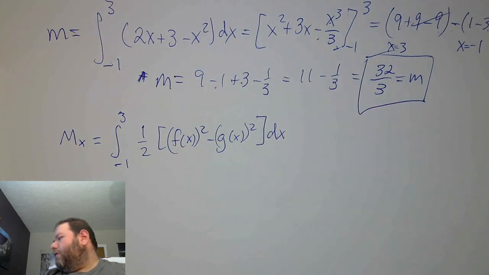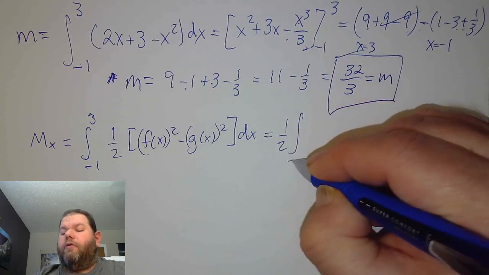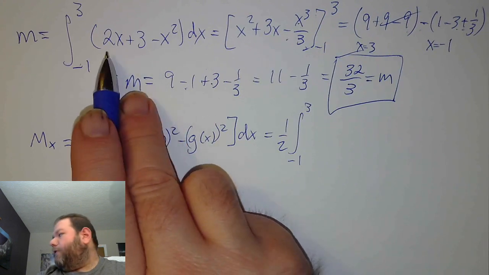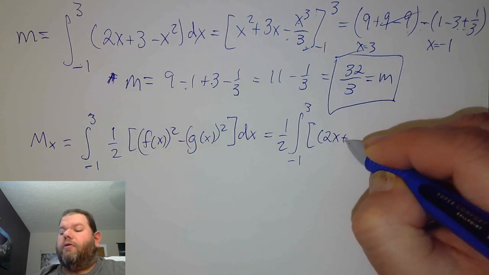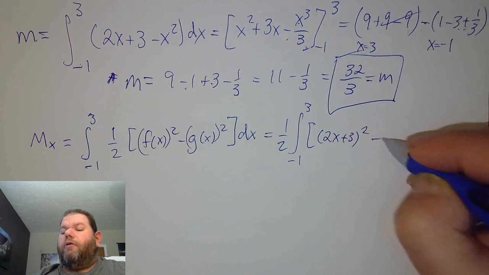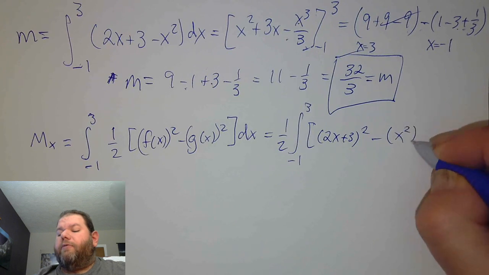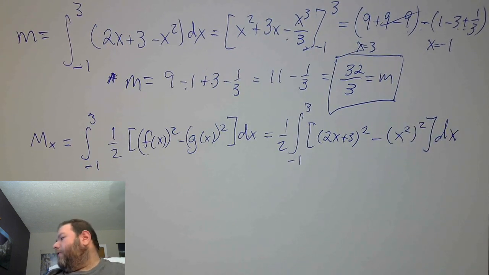Now f of x was our top function, that was 2x plus 3. And then x squared was our bottom function, that's g of x, so that's x squared, parentheses squared, being subtracted, and then times dx.